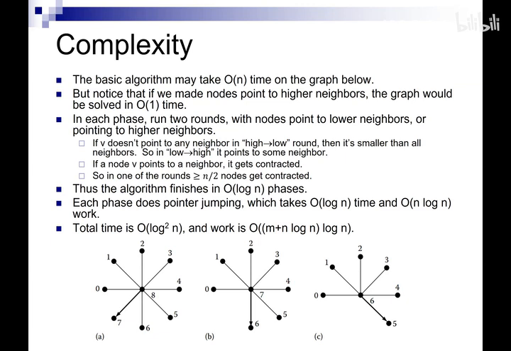So for this algorithm, the time complexity is going to be log squared, and the work is going to be log n phases times this much work per phase. This is the total work.